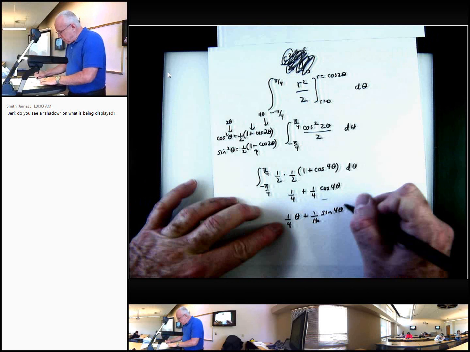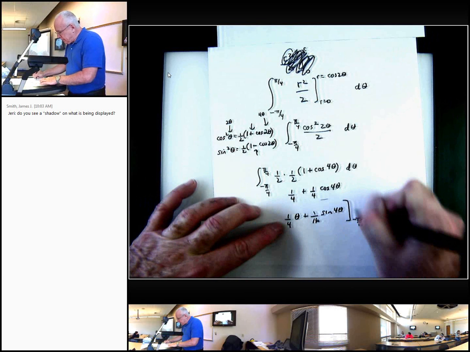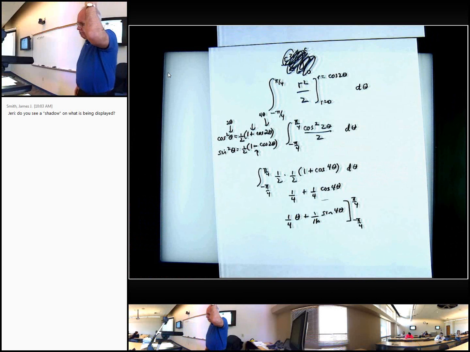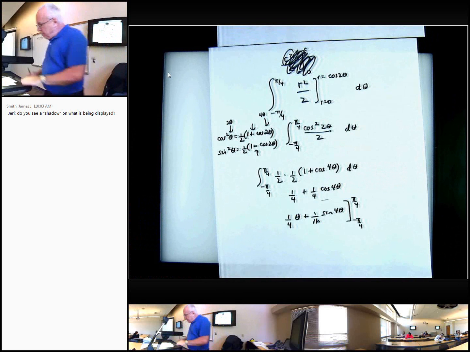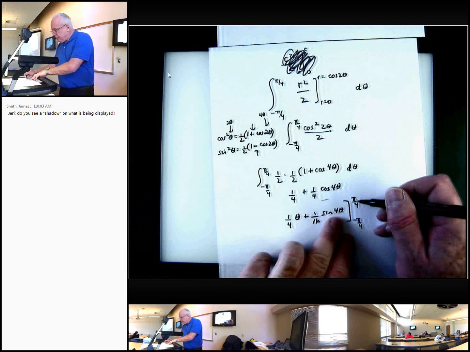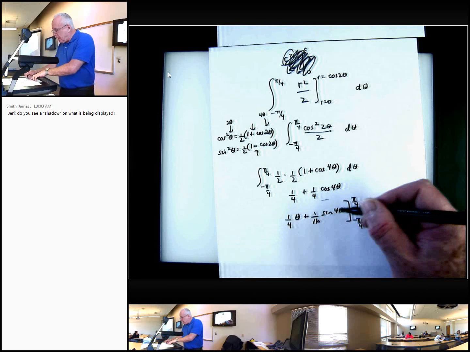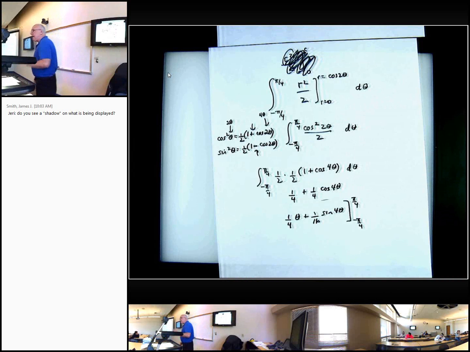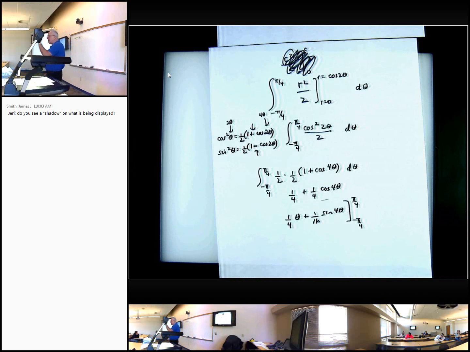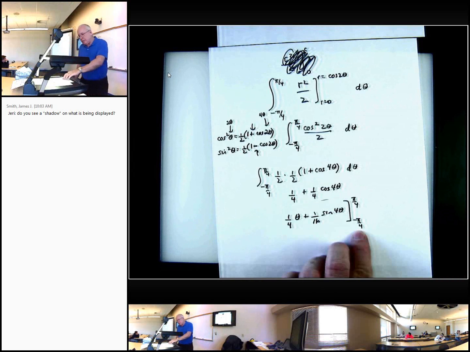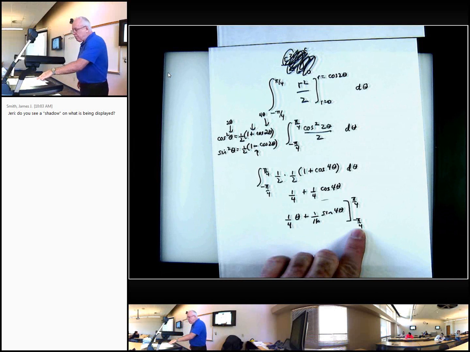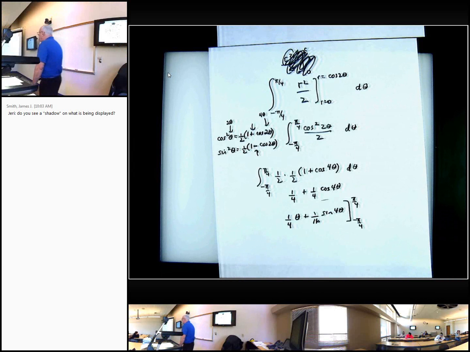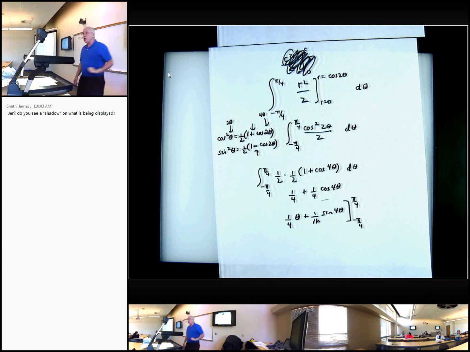Okay, here's our antiderivative. Now we have to apply the limits, minus pi over 4 to pi over 4. Basically what's going to drop out here in both cases is when I apply 4 times pi over 4 for the sine. That's the sine of pi. Sine of pi is 0. And the same thing down here, when I put in the minus pi over 4 into 4 theta there, that gives me sine of negative pi, which is also 0.